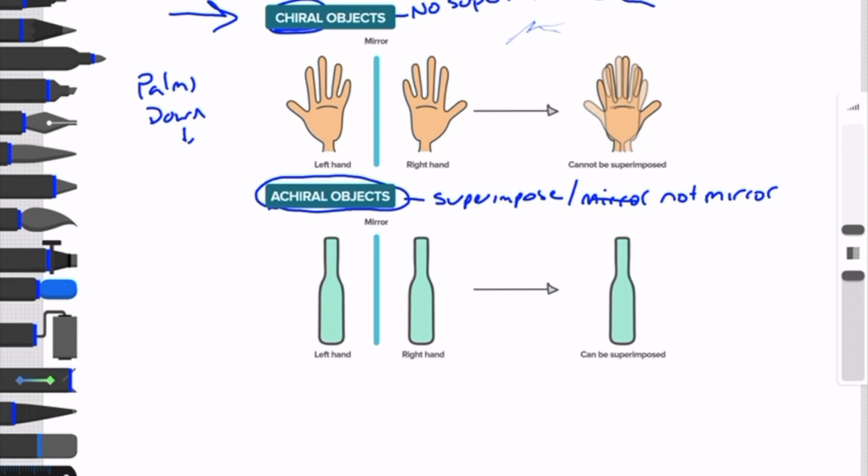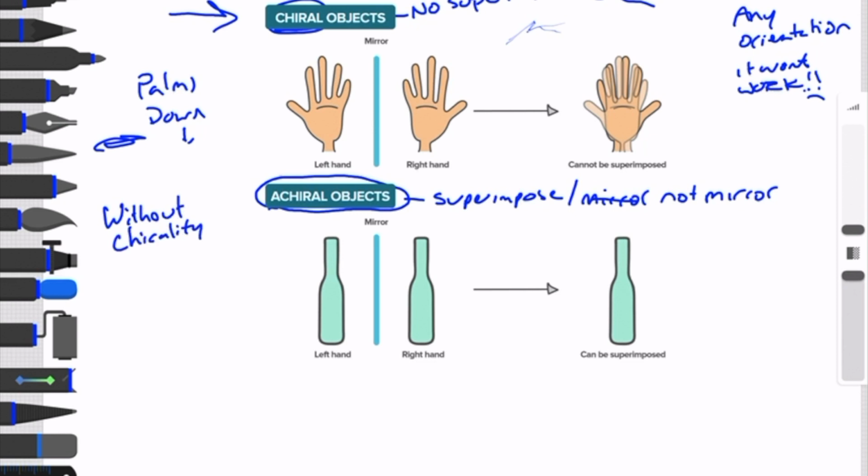And be wary of that. Any orientation, it won't work. So that's not happening. Achiral objects are just like it sounds: without chirality.